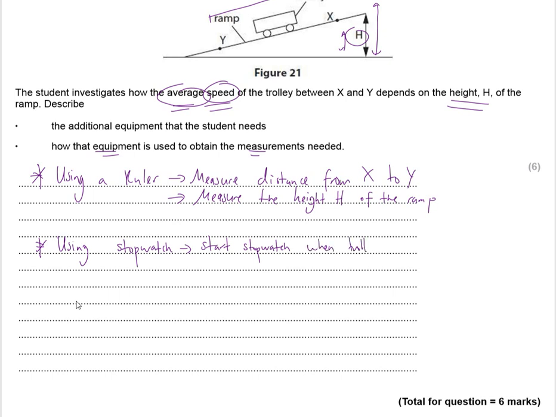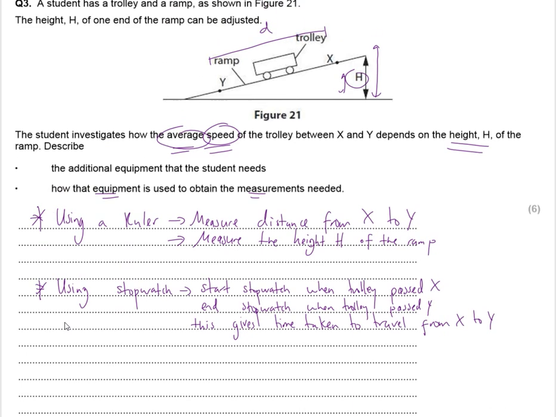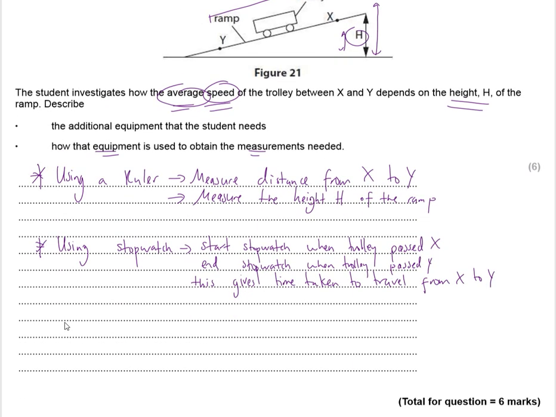When trolley passed X, and stop stopwatch when trolley passed Y. Okay, this gives the time taken to travel from X to Y. Okay, so therefore we're saying how the student is using the stopwatch.